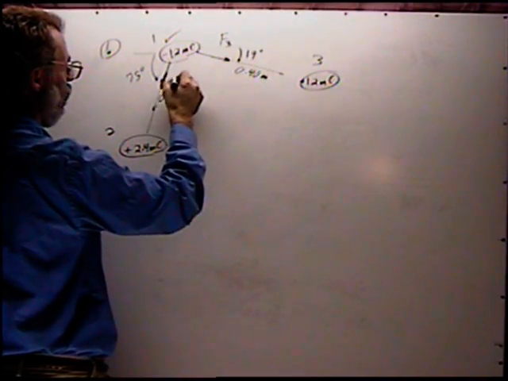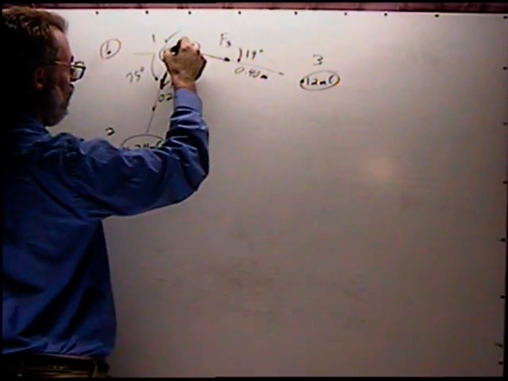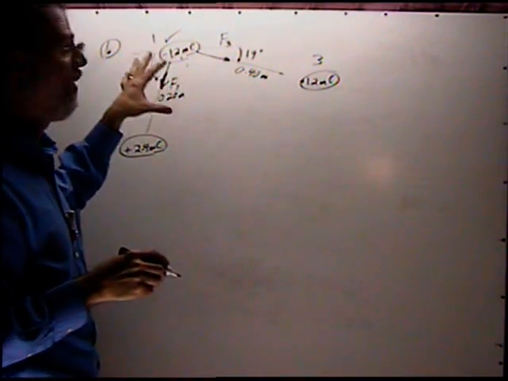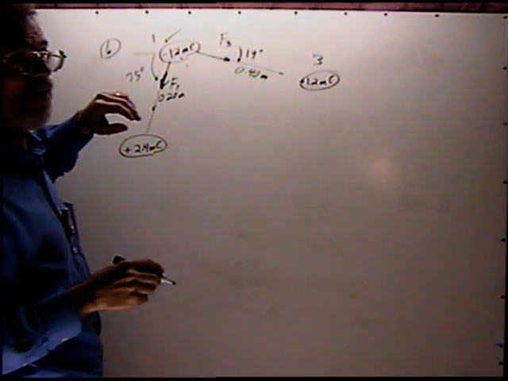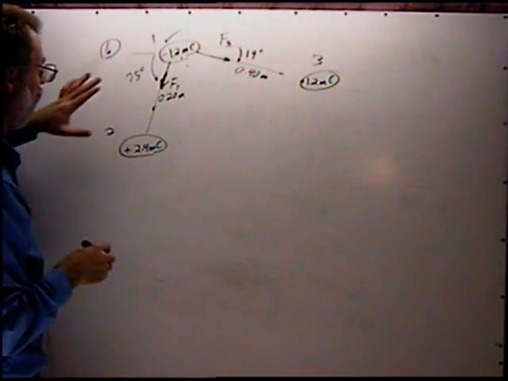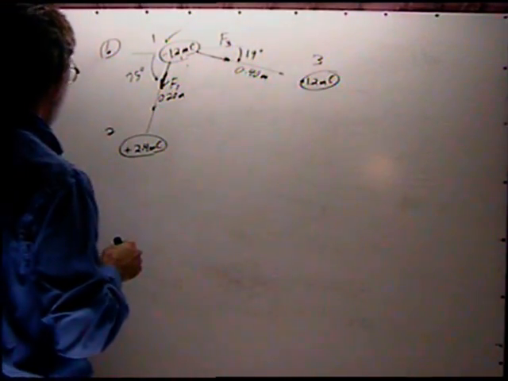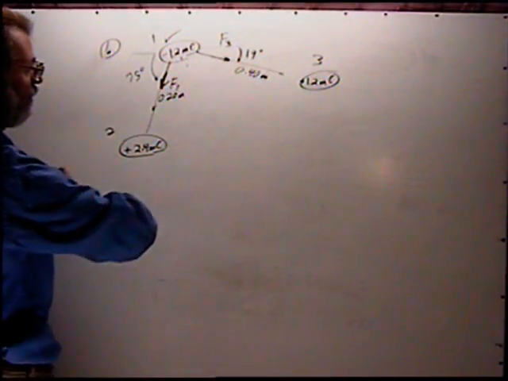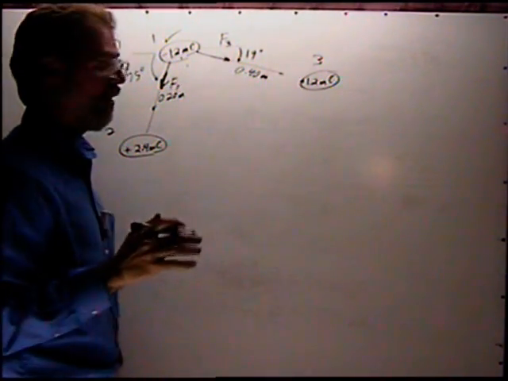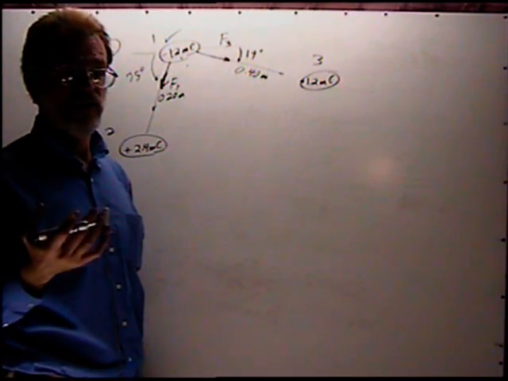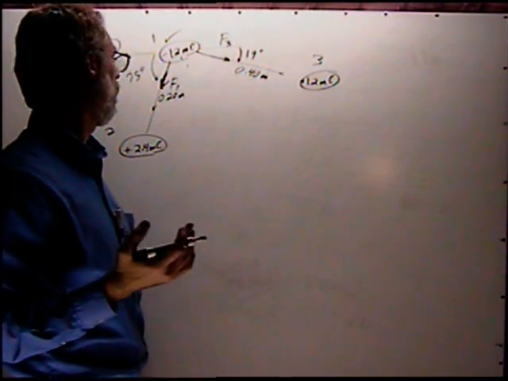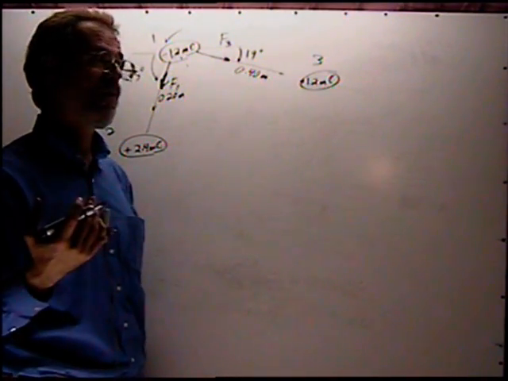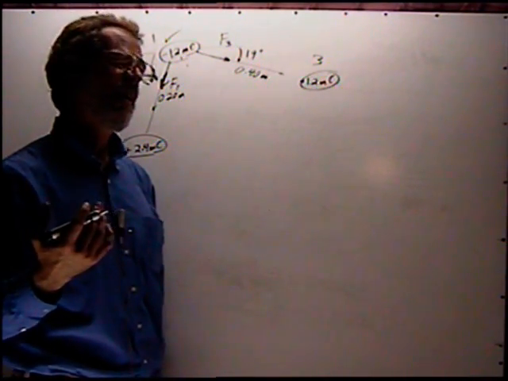We'll call that F1. The resultant is going to be the vector sum of these forces. The first step is to calculate the size of F1 and then F2, and then we add them up using vectors. We break them up into components, and we simply add vectors just like we normally would, all the way back to, I think, chapter 3.